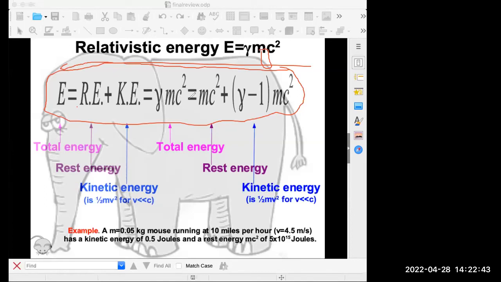The total energy is gamma mc squared, the Lorentz factor times mc squared. The mc squared piece of it, that's the rest energy. The remaining piece of it, that's the kinetic energy. And so that was our relativistic energy equations. Again, we had to modify them from our classical energy equations because of this change in space-time.